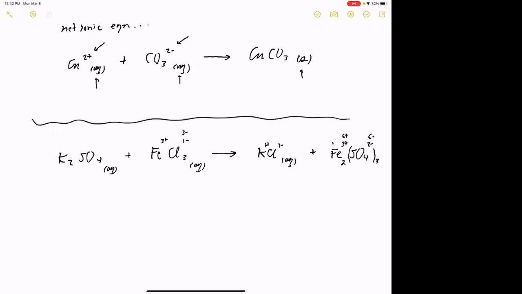Now the question becomes, is that soluble or insoluble? Do I put an S or an AQ under it? I think that's what the question was asking, right? So we go back to sulfates here because it looks like this is one that deals with a sulfate. And it says that sulfates are soluble, right? Except for lead 2, lead 4, strontium, calcium, barium, mercury 1, and mercury 2.